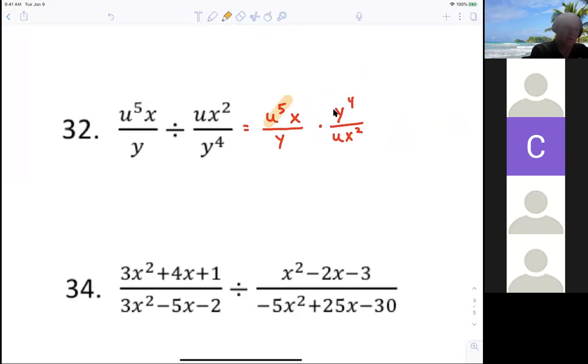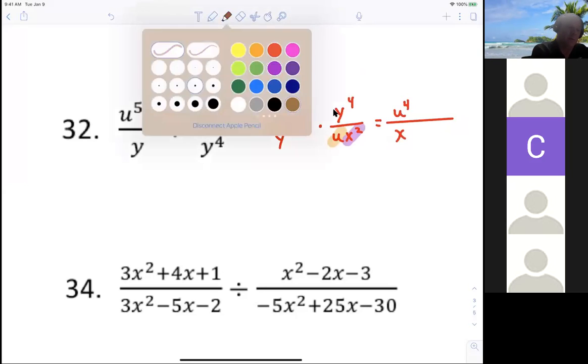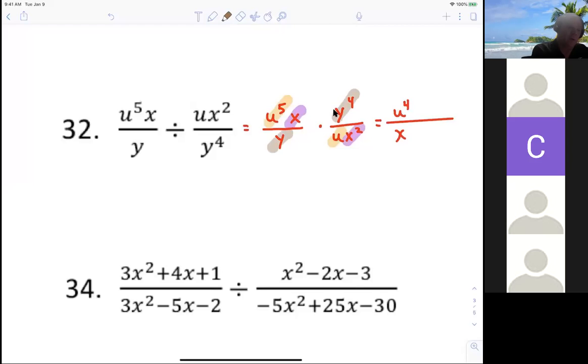U to the 5th, and u leaves me a u to the 4th on the top. And then x and x squared leaves me with an x on the bottom. And then, of course, we have y to the 4th and y, which leaves me with y cubed on the top. Anybody have any issues yet? Does everybody agree? Simple, simple, simple. All right.